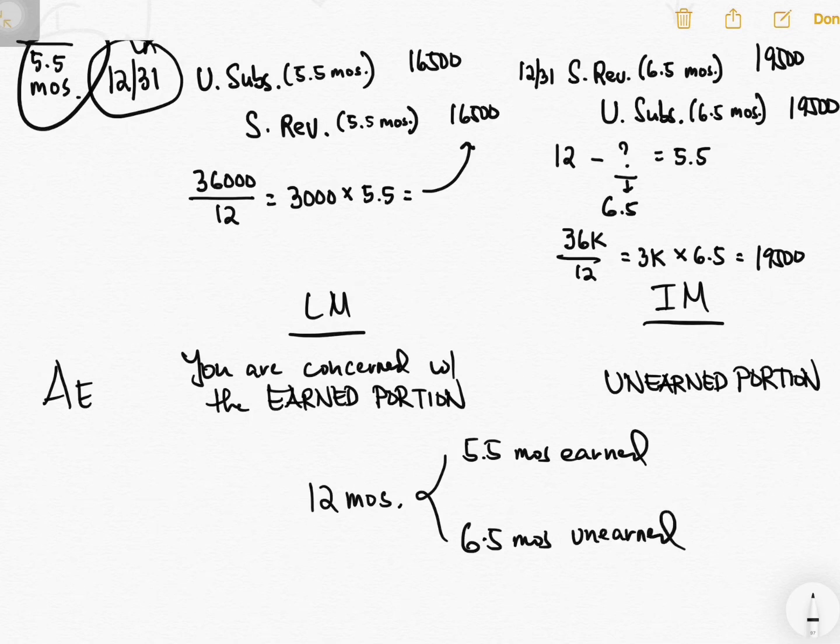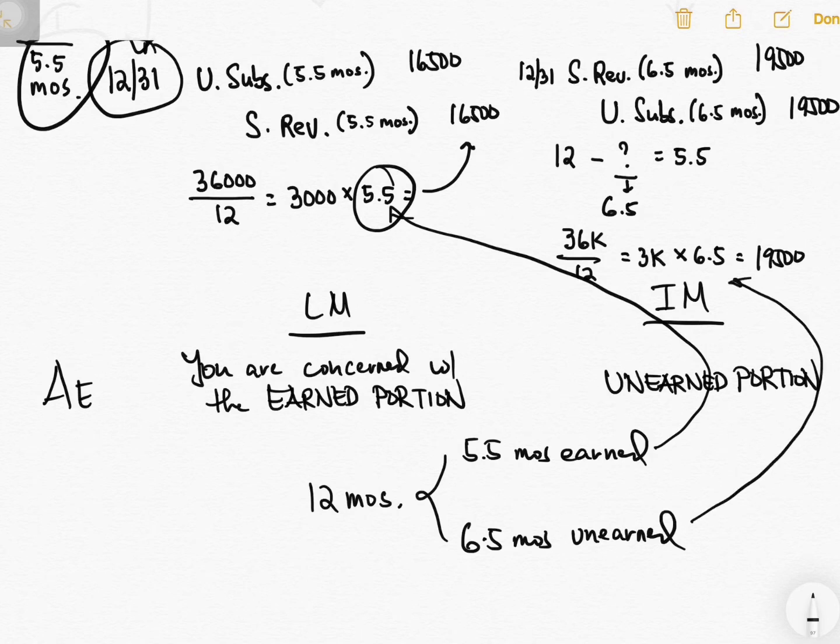Okay, so here's the tip. Whenever you are preparing the adjusting entry for the liability method, you are concerned with the earned portion. This is why I multiplied my monthly revenue by 5.5. And if you are doing the income method, you are concerned with the unearned portion.